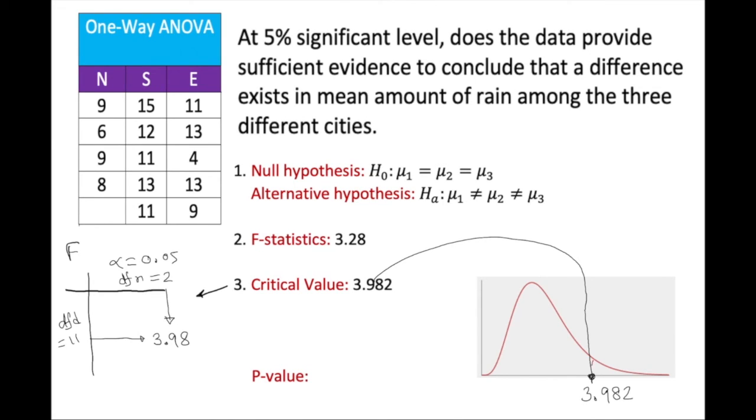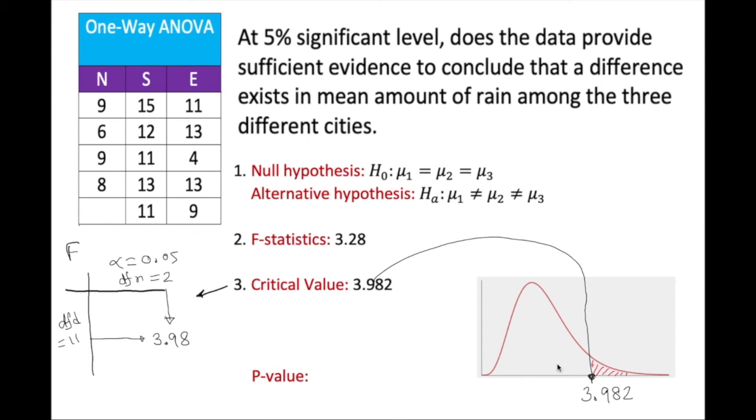My critical region is going to be to the right side. The right side of the critical value is the critical region. And the left side is not the critical region, it's a safer zone. So anything that falls on the left side, you fail to reject. You don't reject, you keep it.